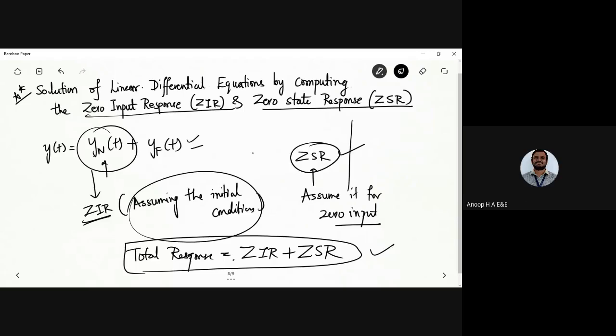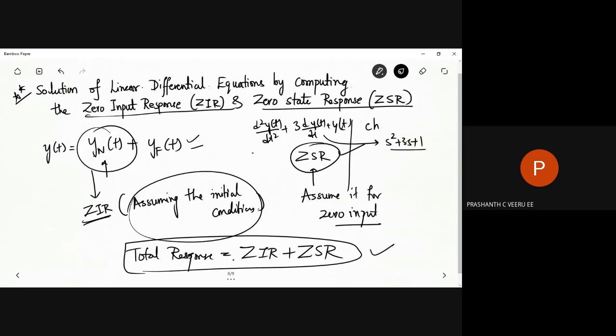No, no. See, yn of t, how you would have calculated it depends on the characteristic equation. For example, if it was d squared y by dt squared plus 3 dy by dt plus y of t, how would you have written the characteristic equation? s squared plus 3s plus 1, right?